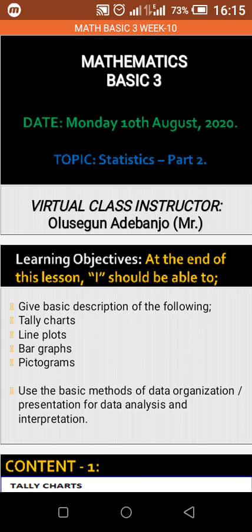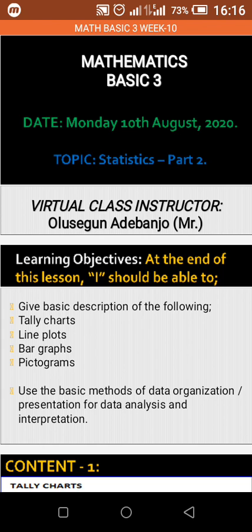I have about 2 learning objectives for you today. At the end of this lesson, you say to yourself, I should be able to. The first learning objective is that you should be able to give basic description of the following: tally charts, line plots, bar graphs, and pictograms.